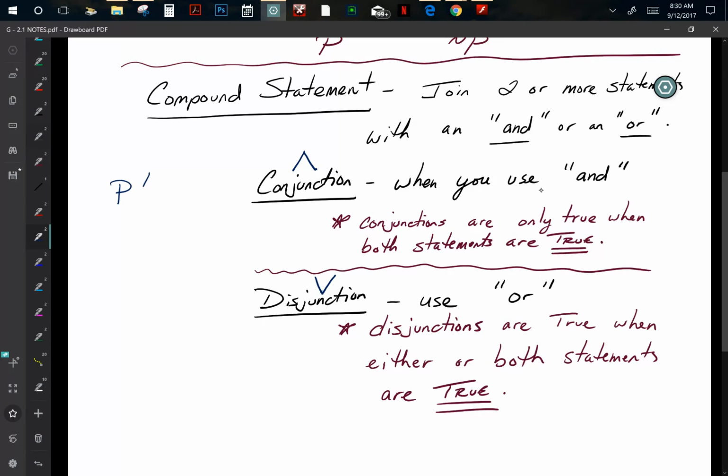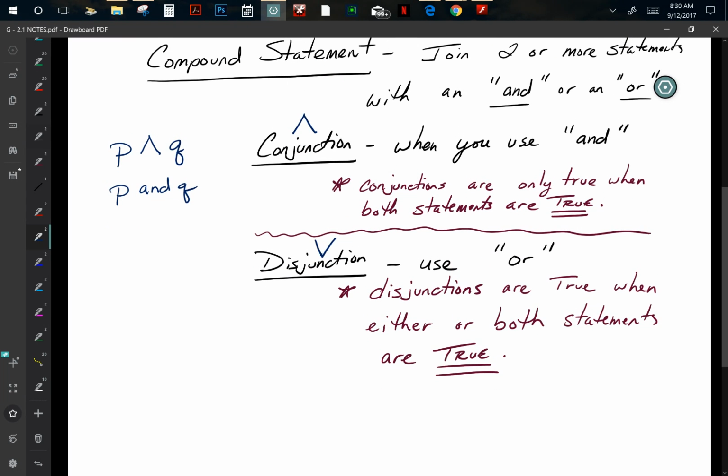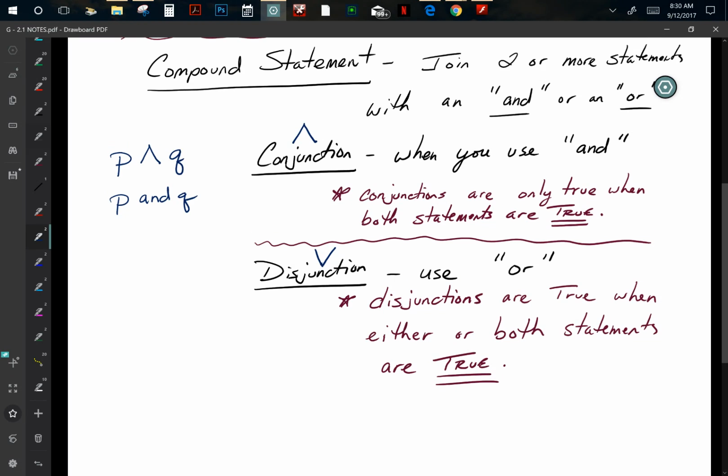So P, Q means P what? And what? Q are true. Well, it just means P and Q. The truth value is completely separate. P, V, Q means what? P or what?